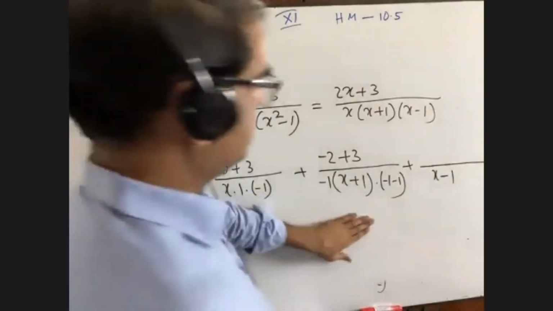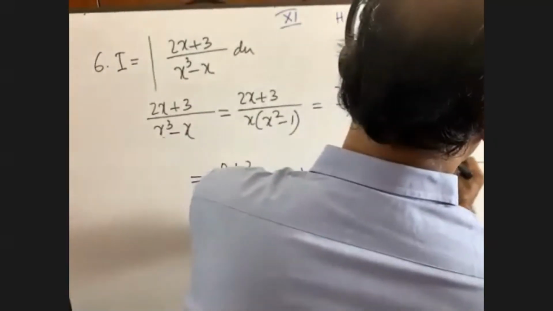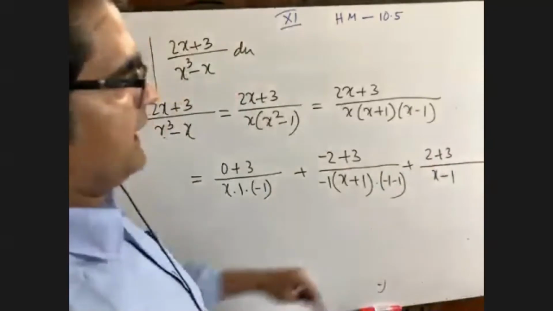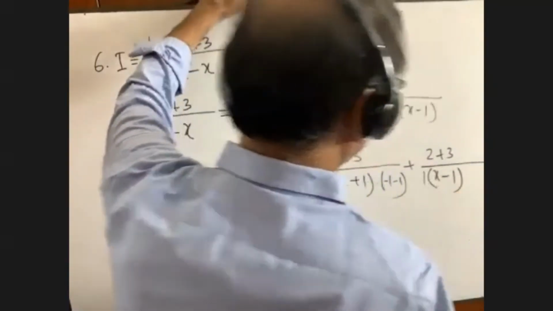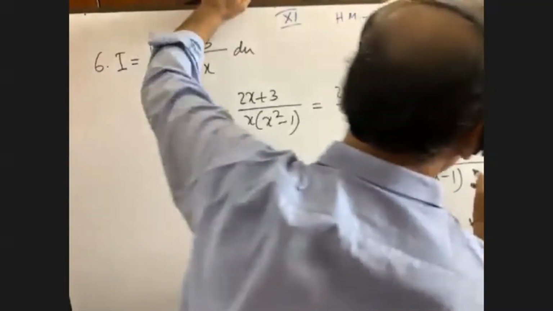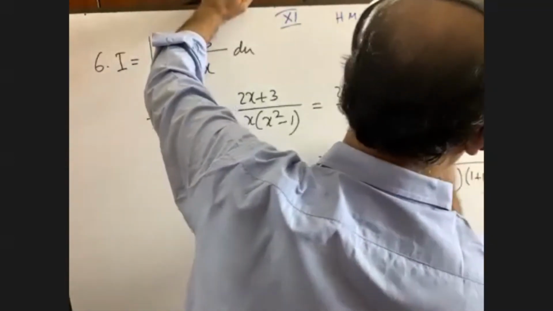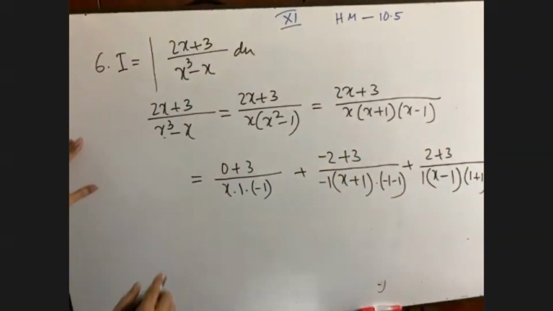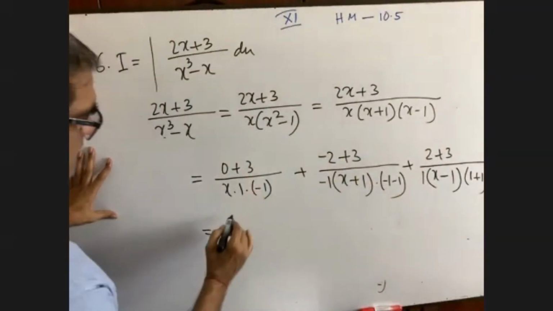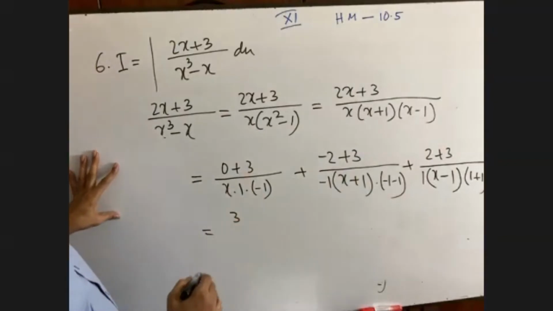Here we are getting x equals 1. So that is 2 plus 3. You put x equals 1, 1 plus 1. So what is here? We are getting 3 by minus x.